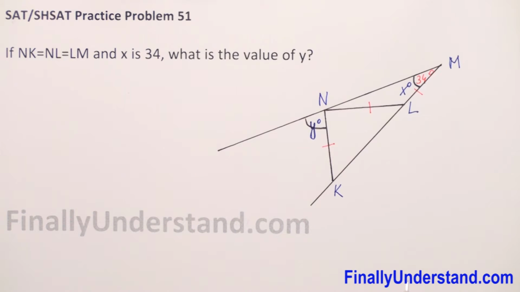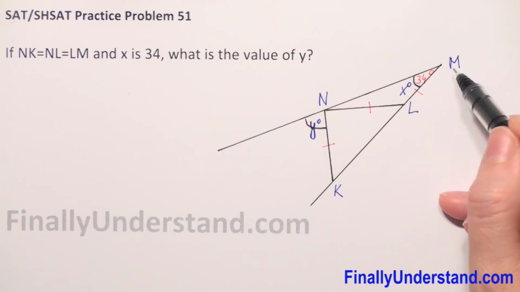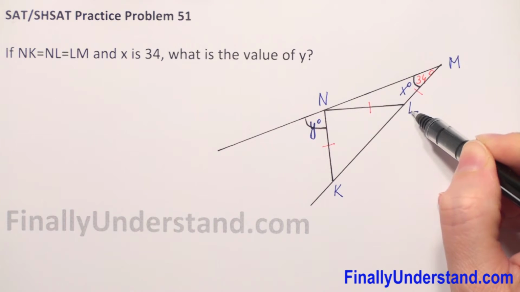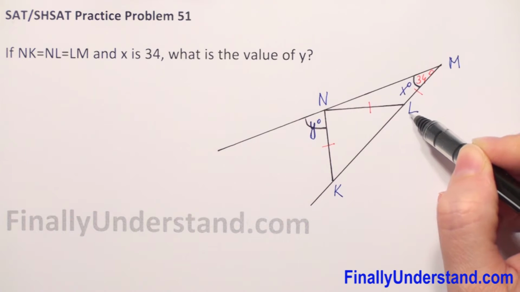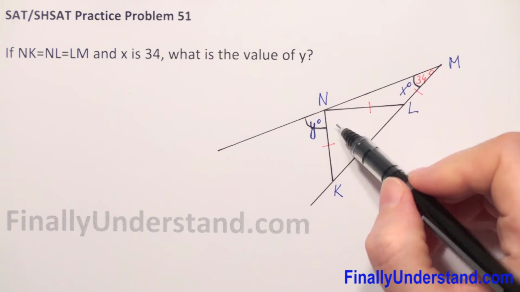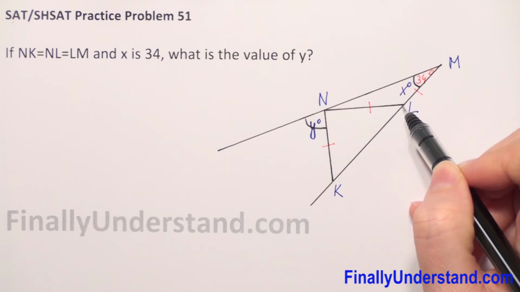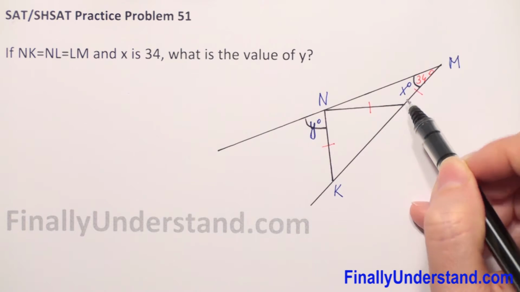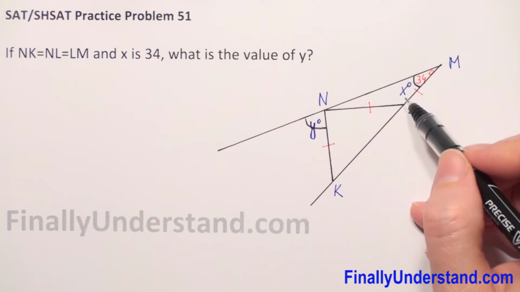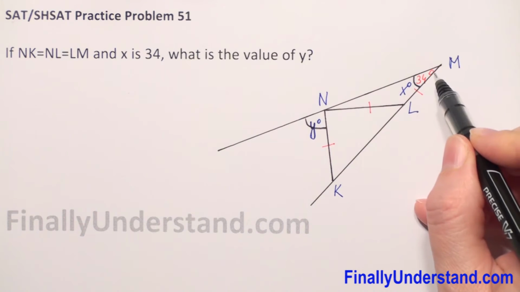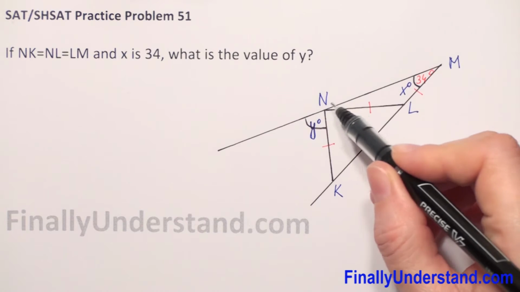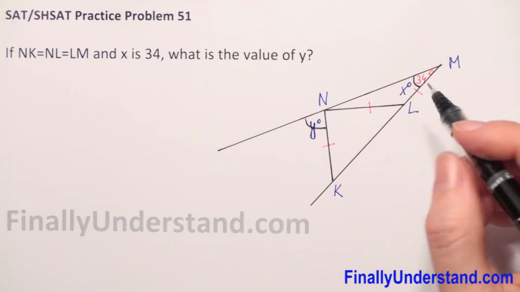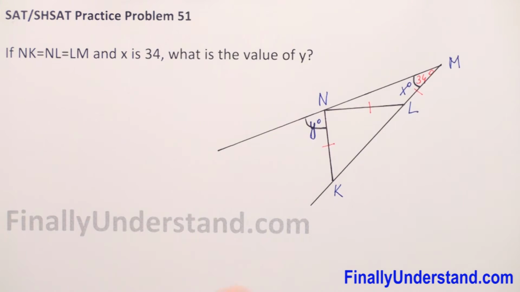So first, what we can say, because we see that ML, or we can say LM, it doesn't matter, is equal to NL. So we can say that the measure of angle LNM and LMN is the same. So let me write this.